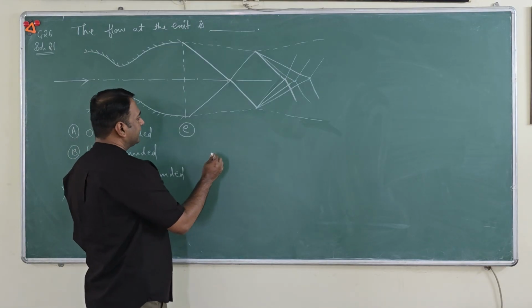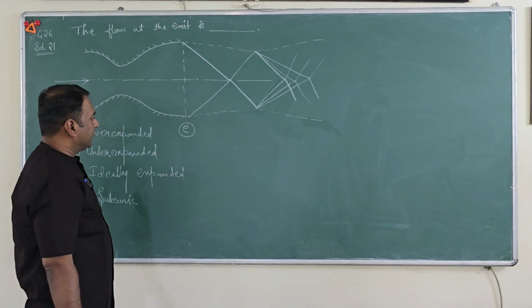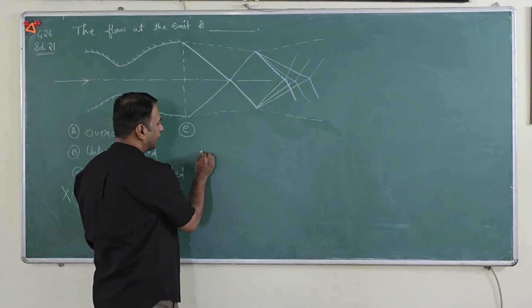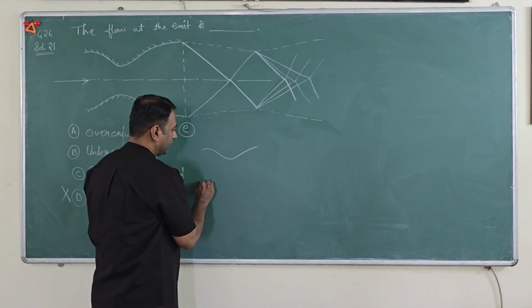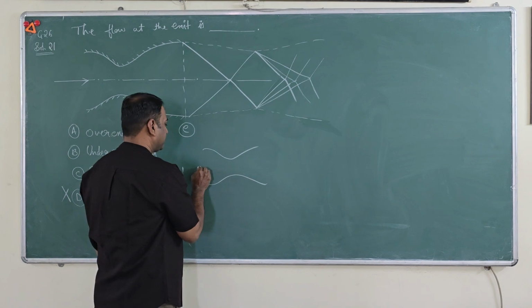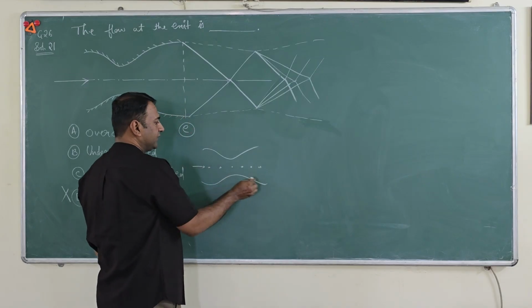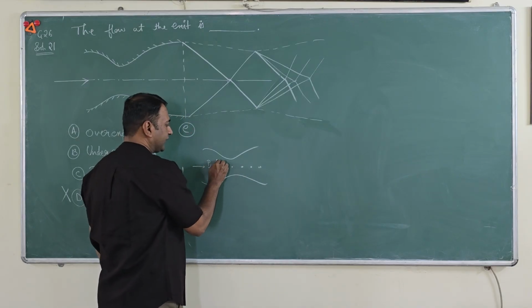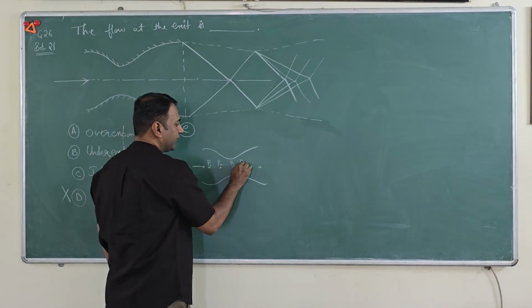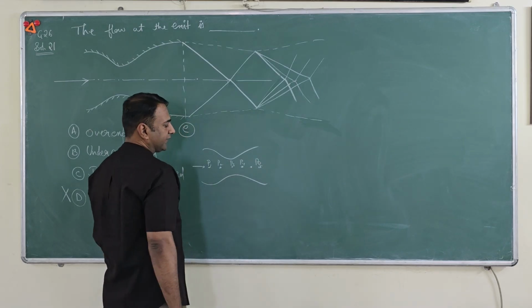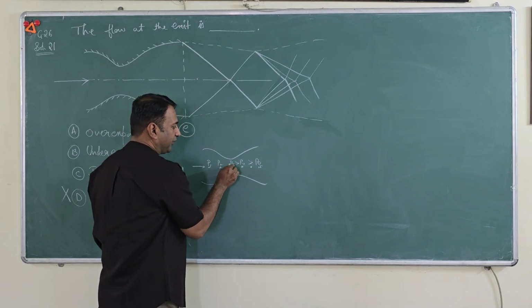So what does ideally expanded or perfect expansion mean? If you have a CD nozzle, the flow proceeds from one section to the next, and if you mark the pressure here as P1, P2, P3, P4, P exit, like that, the pressure will keep dropping.